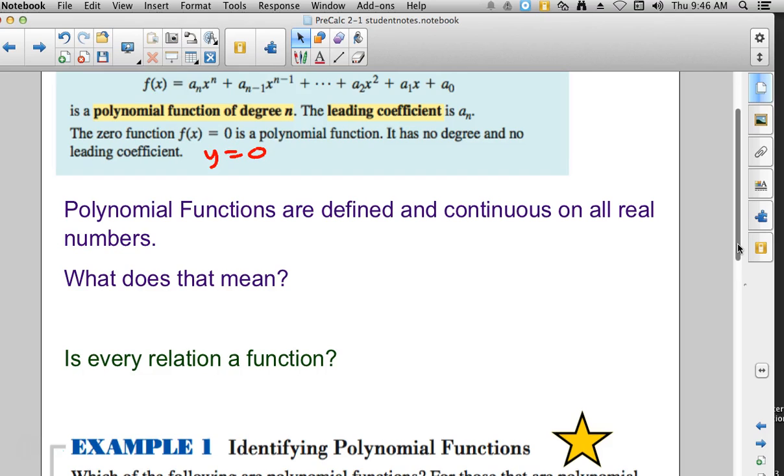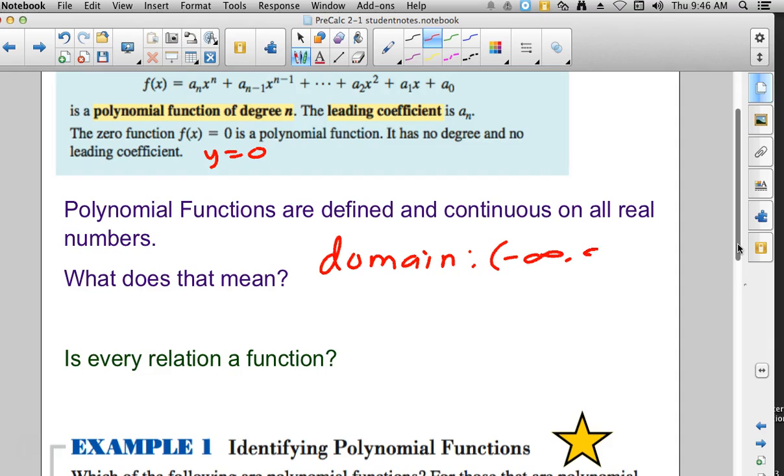Nobody wants to take a shot this morning? If they are defined and continuous on all real numbers, what is their domain? All real numbers. Whatever you want into them.